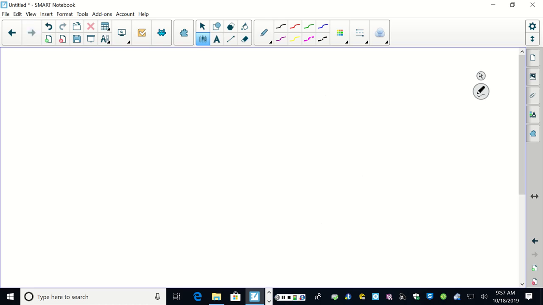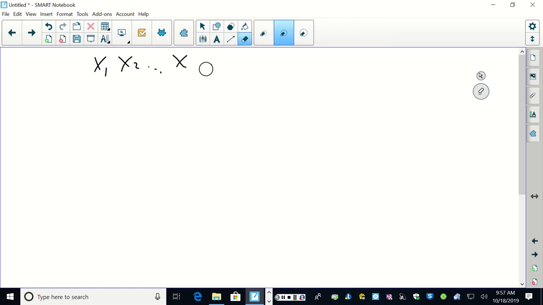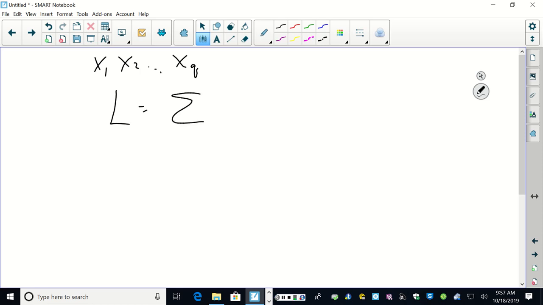So if you have a bunch of variables, x1, x2, up to x p minus 1, or let's say xq, as a set of variables, we're going to look for linear combinations that are sums of these xi's.